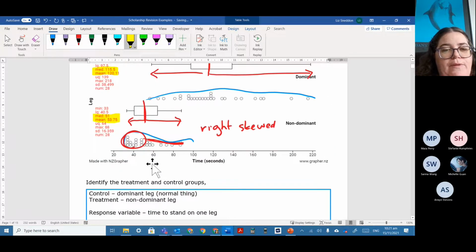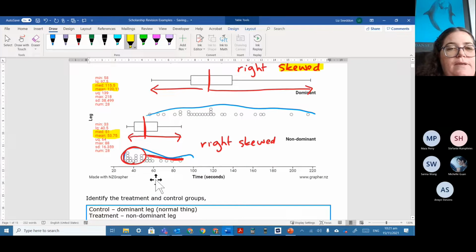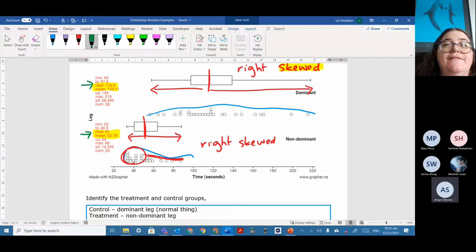And so when we want to compare those medians, we can say, well, the first one, we've got a median there of 51 seconds and 115.5 seconds. So which one are students standing longer for? Are they standing longer on their dominant or their non-dominant leg? Dominant. Good. So we can say that the students stand for longer on their dominant leg, and then I want to find the difference between those medians.